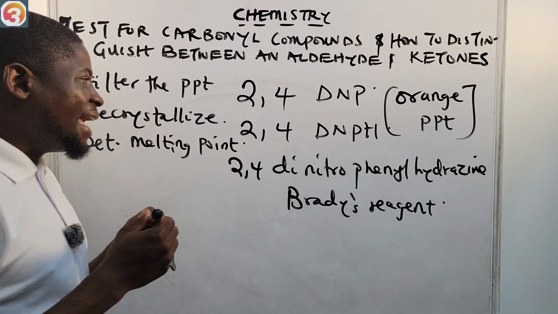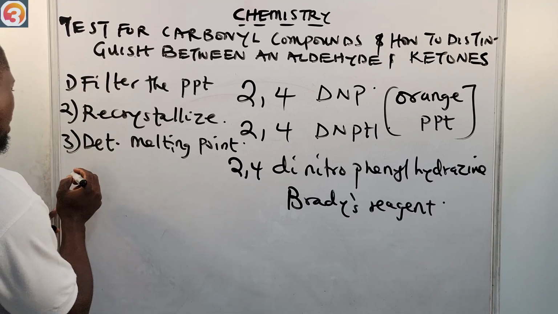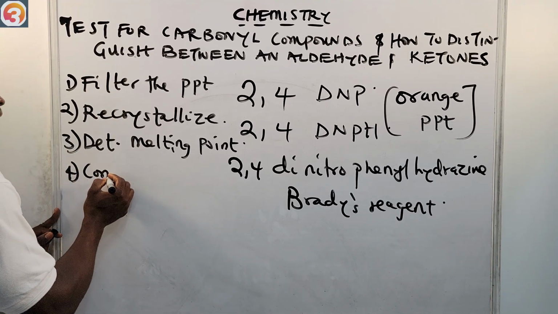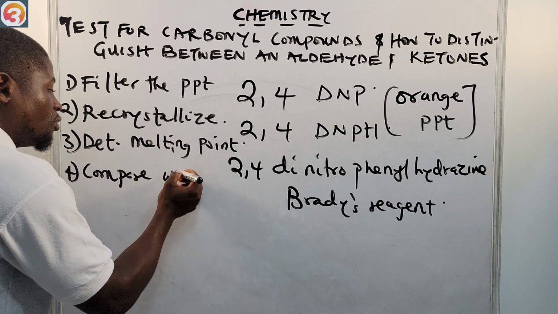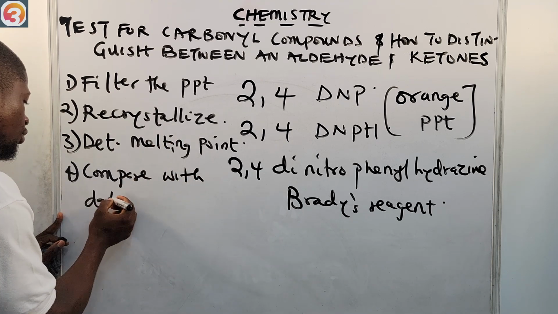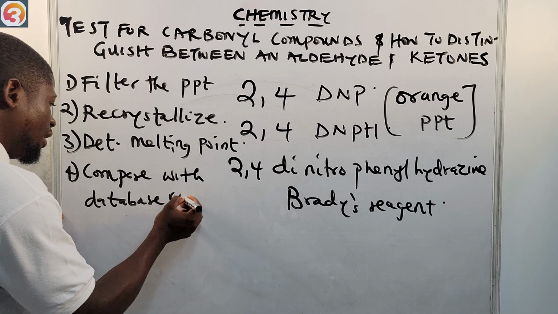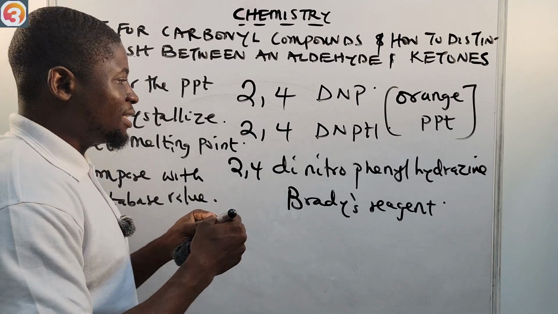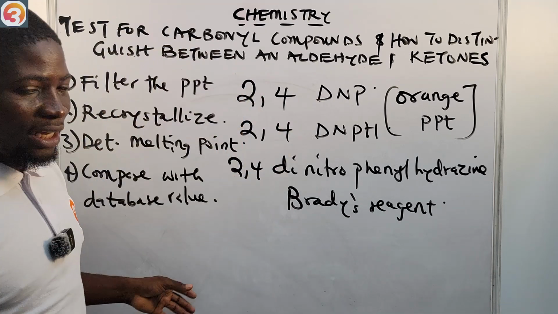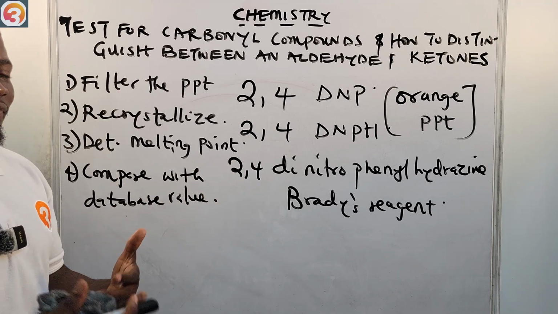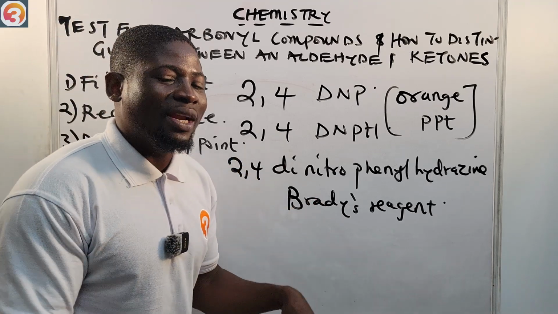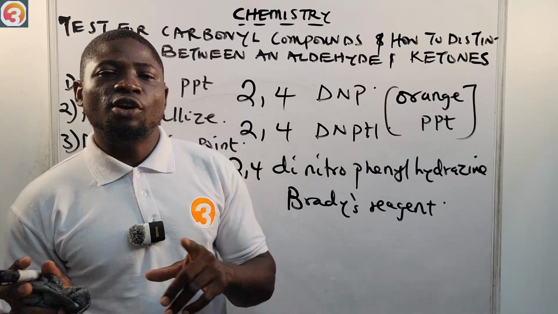Once you have determined the melting point, number four, compare the result you have gotten with database values. There is a database that has the melting points of ketones and aldehydes. So you compare your result with the database values to distinguish whether it is an aldehyde or a ketone.